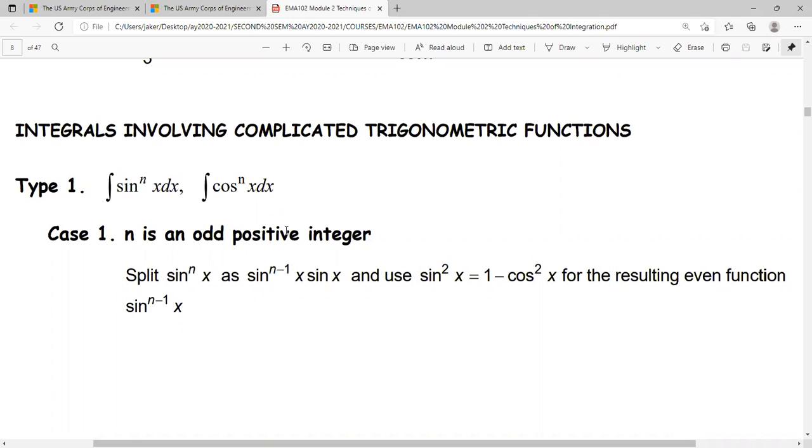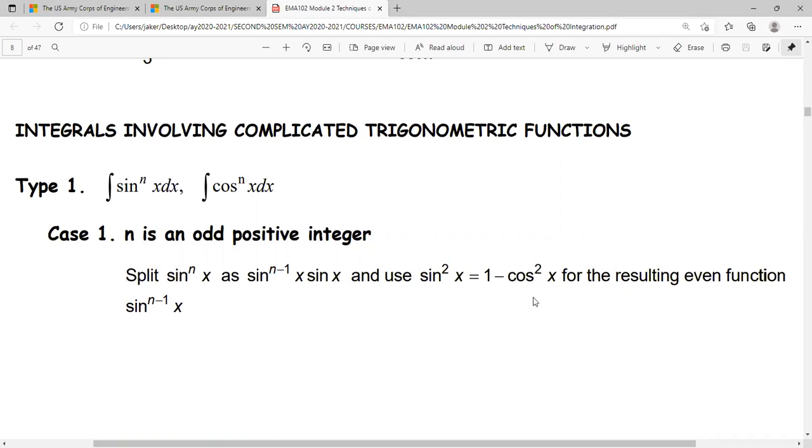What you're going to do, as suggested, is you split your sine x raised to n, or your cosine x raised to n, into a sine raised to n minus 1 x, times sine x, and use the identity of the sine in terms of the cosine. So you've learned from your basic trigonometric identities that the sum of the square of the sine and the cosine is 1.